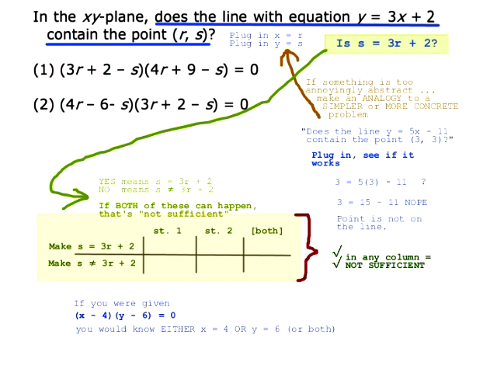If you look at these statements accordingly, either this is 0 for statement 1, or this is 0, or both. So if 3R plus 2 minus S is 0, let's move that up there.